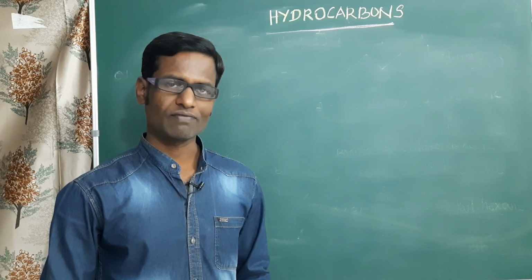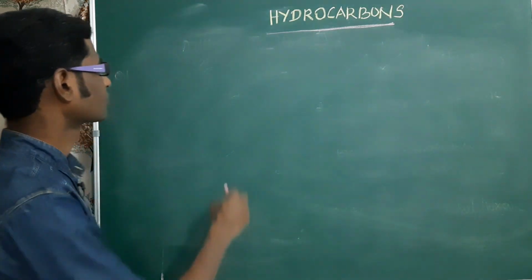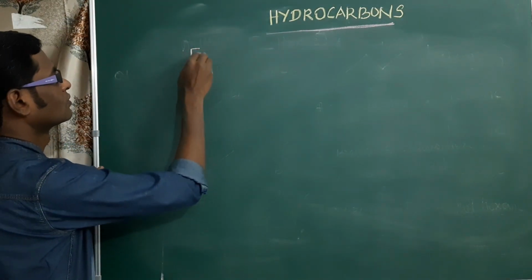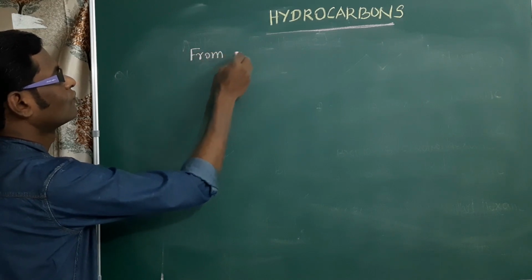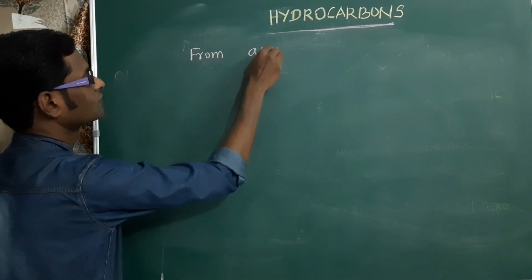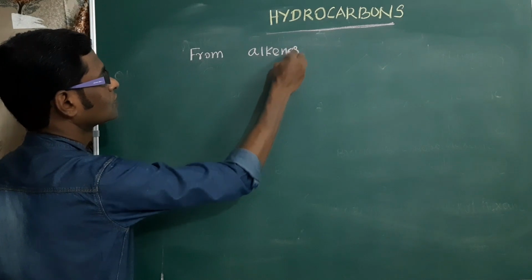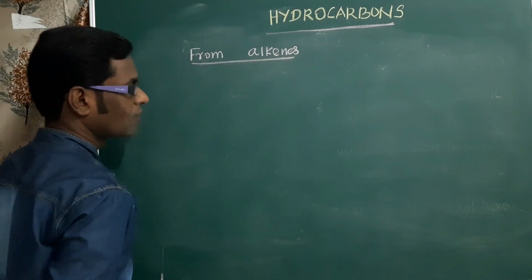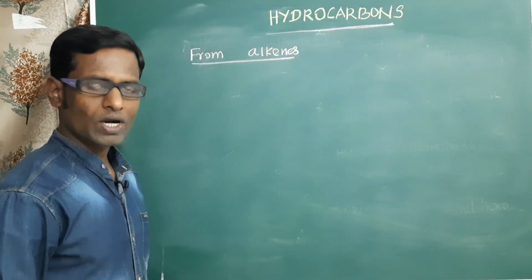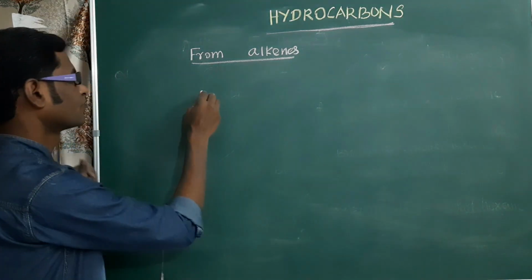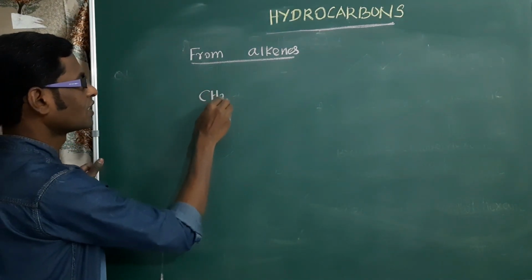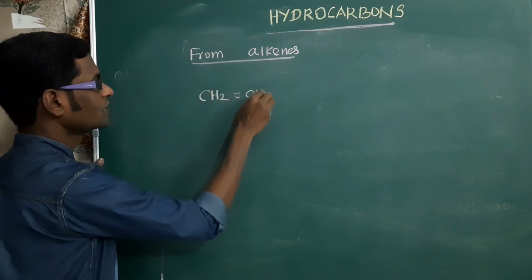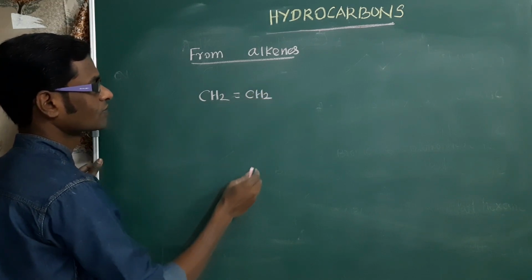Next, preparation of hydrocarbons. First method, from alkenes. An alkene must contain one carbon-carbon double bond. If the alkene has 2 carbons, the name of the compound is ethene.